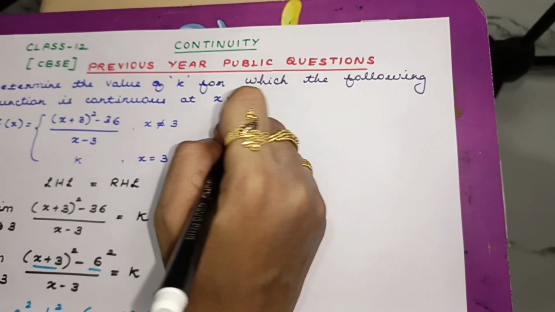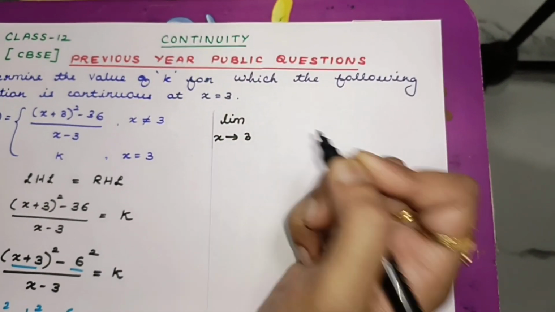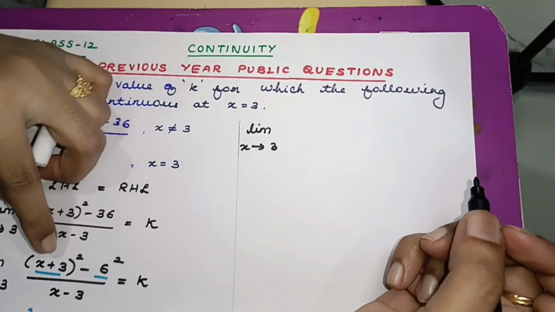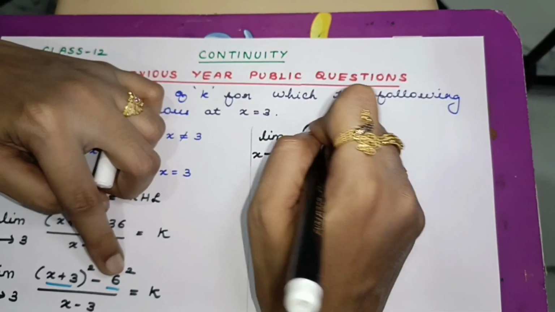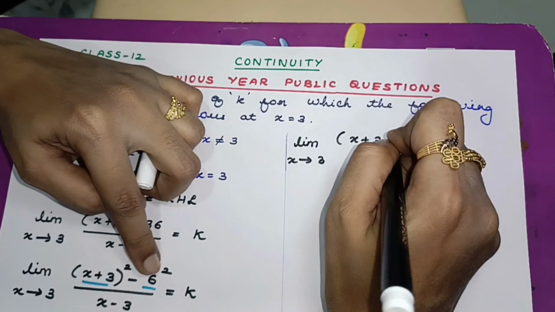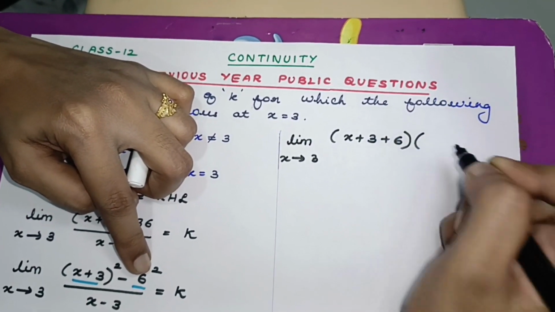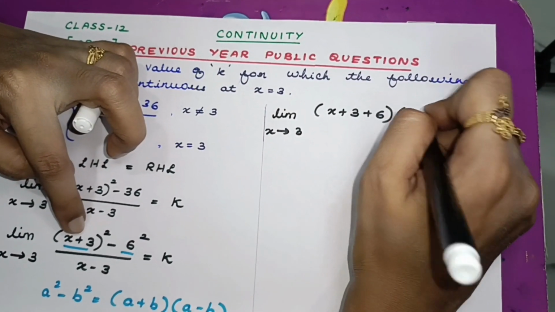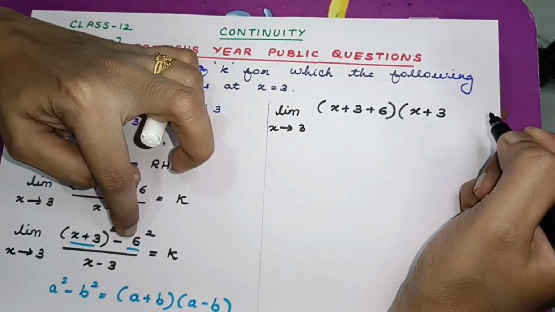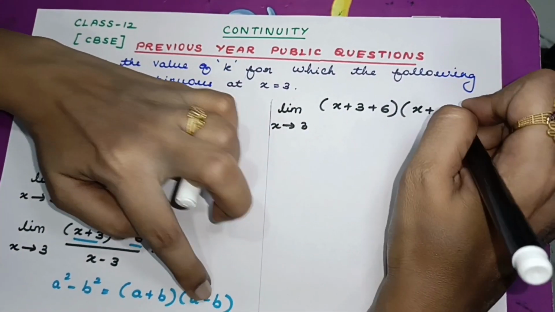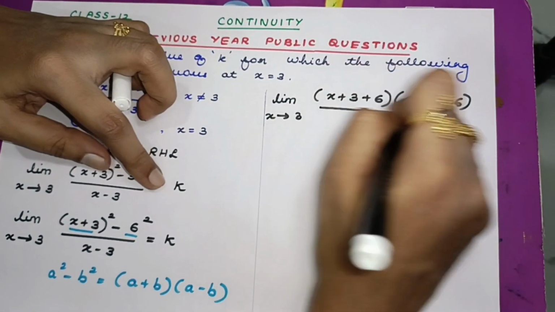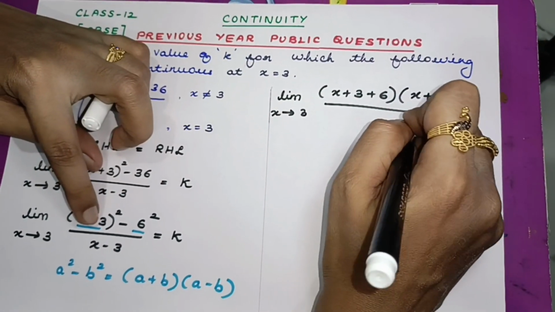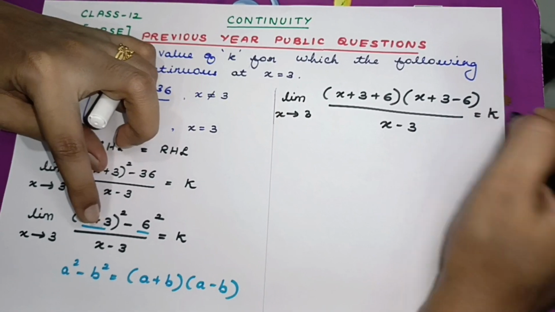Limit x tends to 3, (x plus 3 plus 6) into (x plus 3 minus 6), since in the place of a we have x plus 3 and in the place of b we have 6, divided by x minus 3, equal to k.